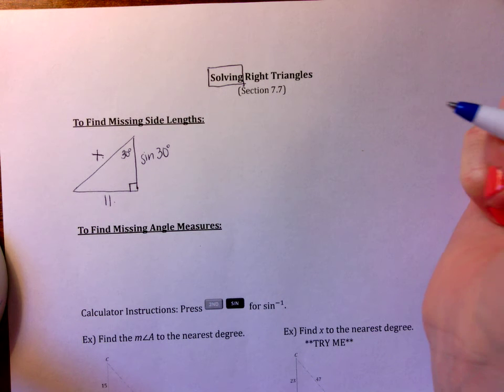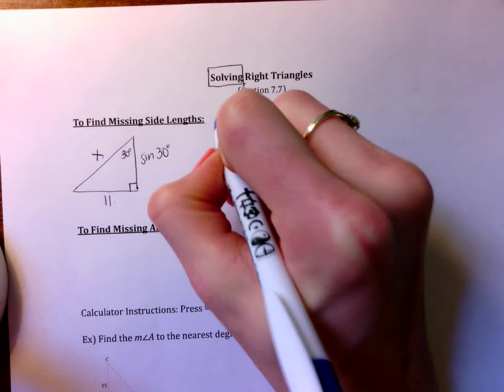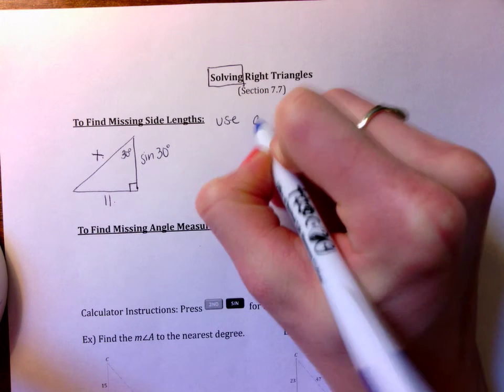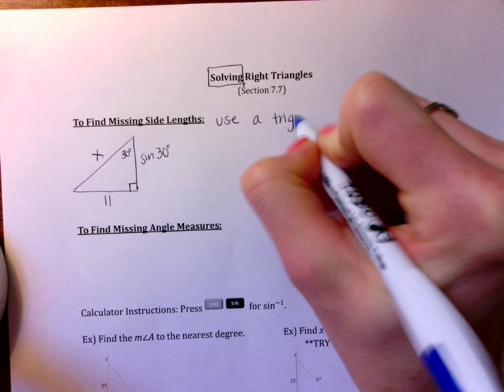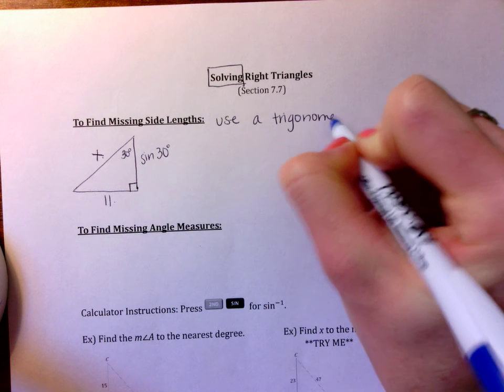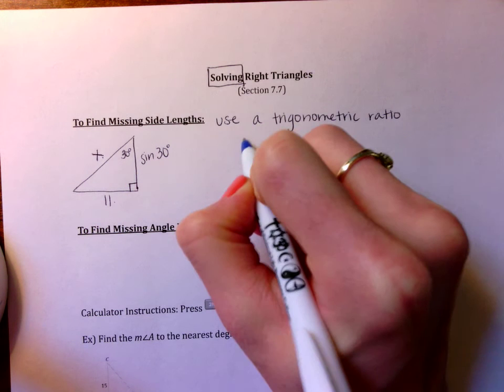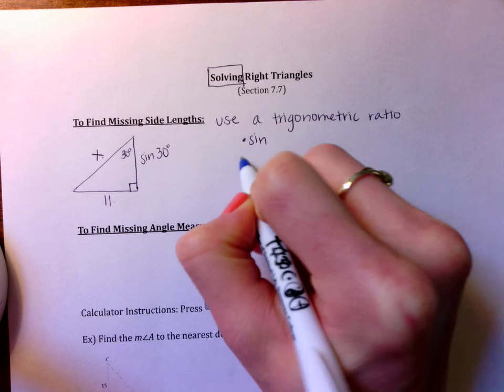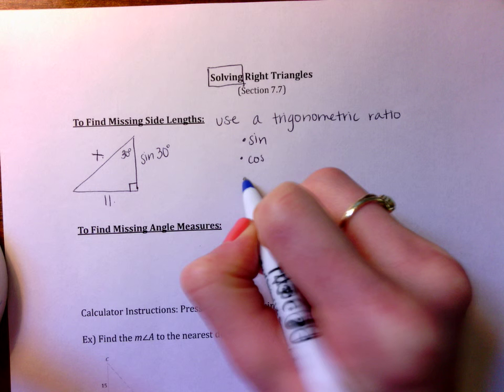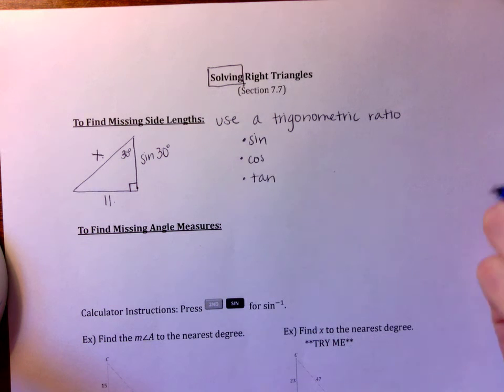So essentially, to find missing side lengths, you want to use a trigonometric ratio. And your options for that are sine, cosine, or tangent, depending on which side you've identified.